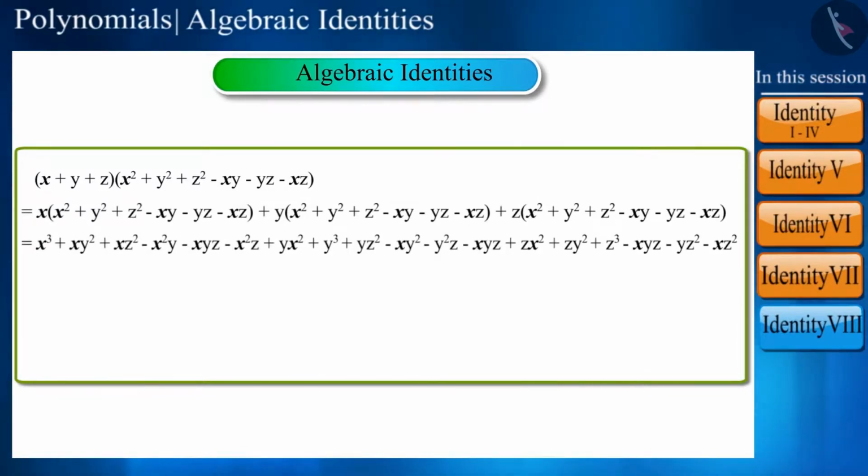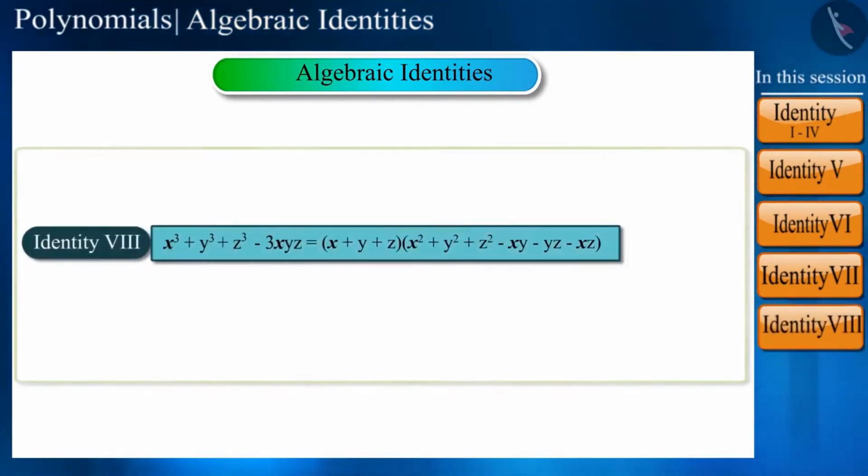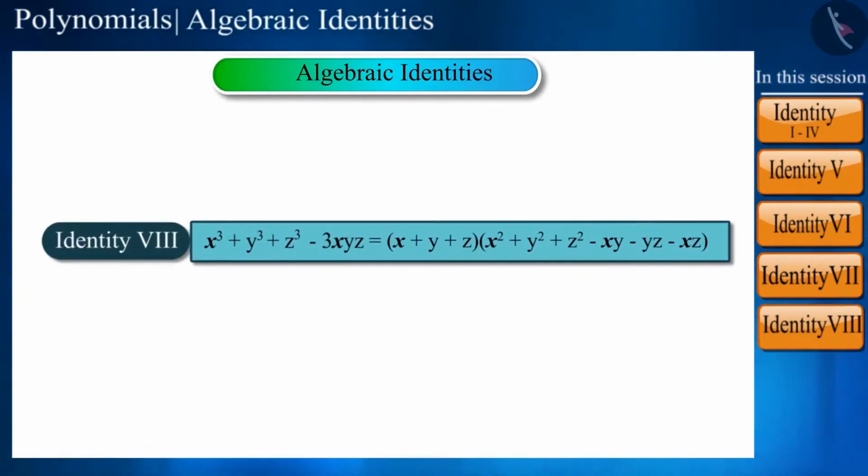So after this step, some terms cancel each other, leaving only x³, y³, z³ and −3xyz. And this is our identity 8. If you notice, we have expanded the right hand side to equal the left hand side. You can write this in any order.